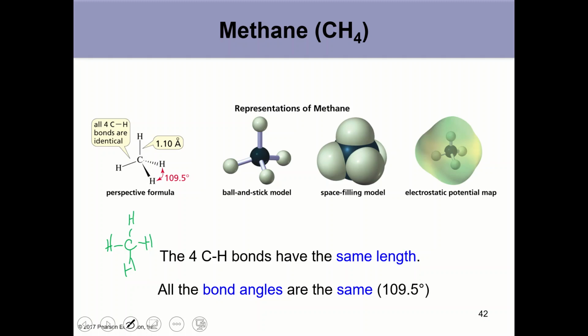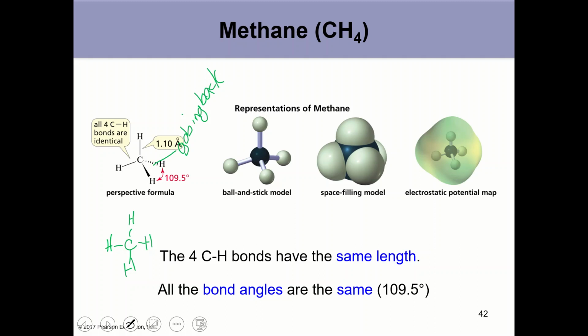And we are going to review what electron domains are, what electron domain geometry is, what molecular geometry is, and what hybrid orbitals are. There are many different ways of representing a structure three-dimensionally. We can represent it in a perspective formula, where a hashed bond is going back in space.